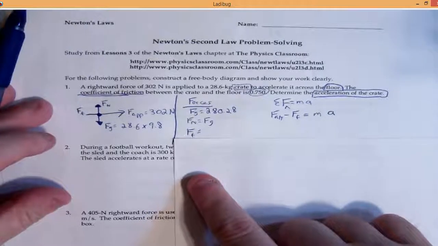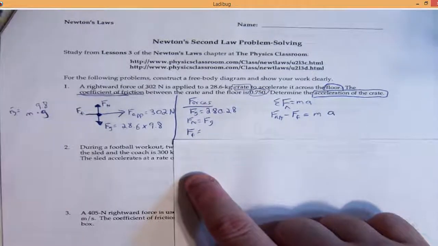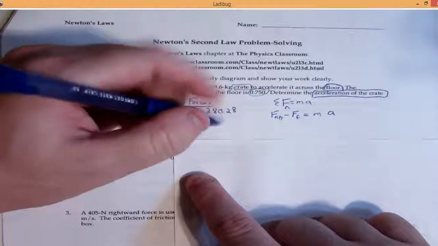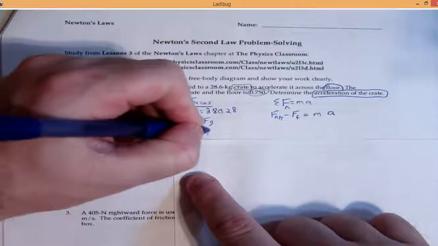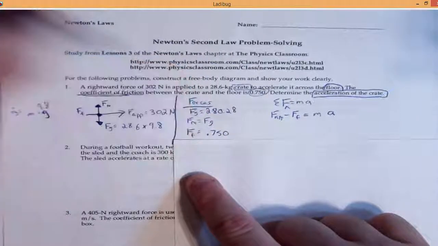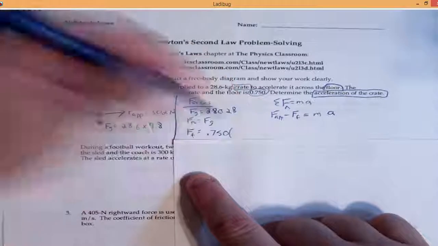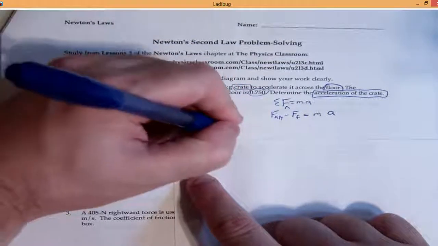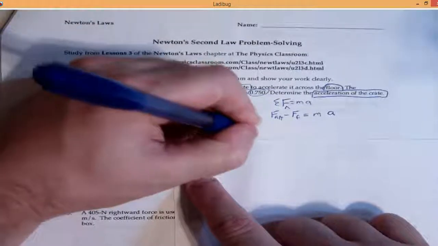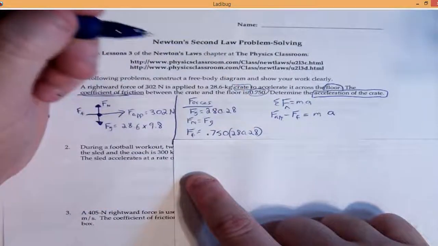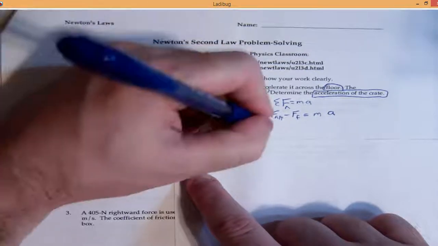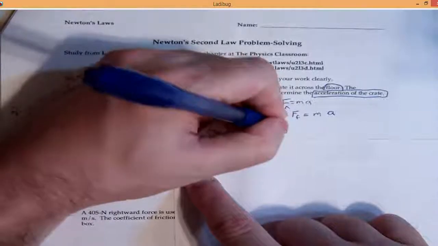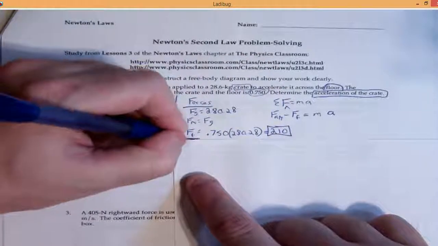And then finally, we have the force of friction, which is the coefficient of friction, 0.750, multiplied by the force of gravity, 280.28. Okay? So, you should get, hopefully we can see this, about 210, something like that. So that is going to be our force of friction, 210.